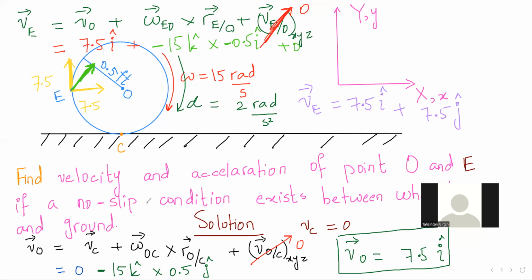I do understand your question, but because of the no slip condition, tangential acceleration is going to be 0. But I do hear you. We can think about it more, but that's it actually. Tangential acceleration has to be 0.